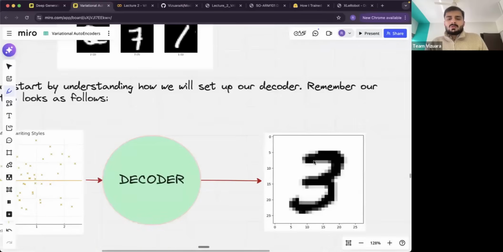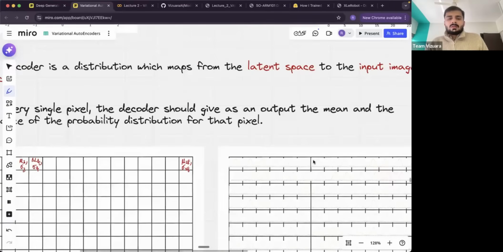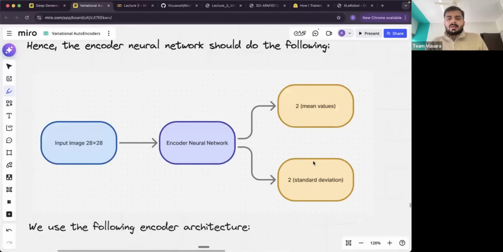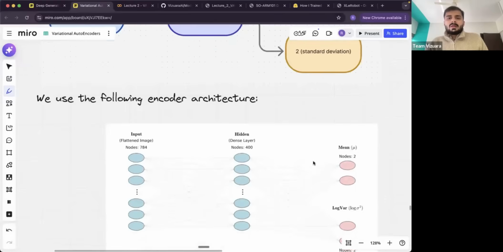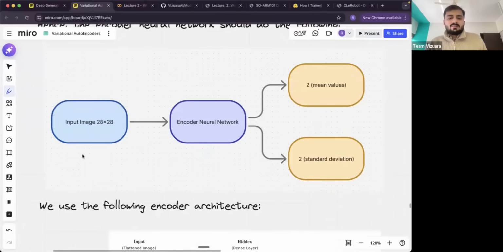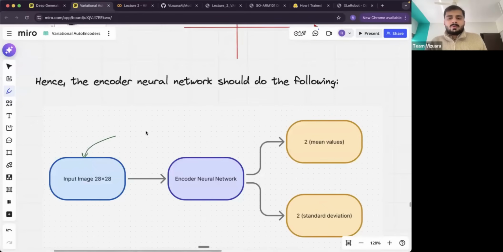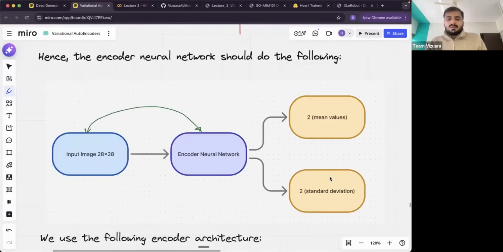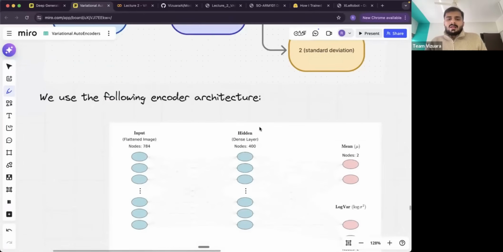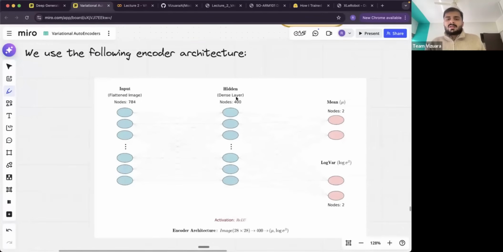Let's try to see how this looks. Yeah, so this is how our encoder architecture looks. We take the input image, we pass it to the encoder, and we generate 2 mean values and 2 standard deviation values. Now, in practice, we use an architecture like this. We use one hidden layer with 400 nodes.